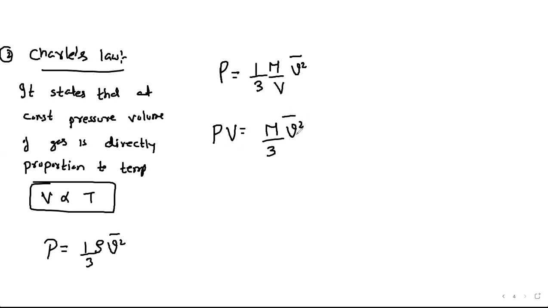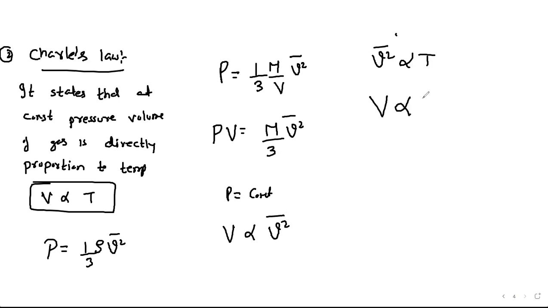If P is constant, then volume is proportional to the square of velocity. And you know that v square is proportional to temperature, that's the kinetic interpretation of temperature. So from here, you can conclude that V is proportional to T. So this is how we derive Charles' law. Okay, just note it down.